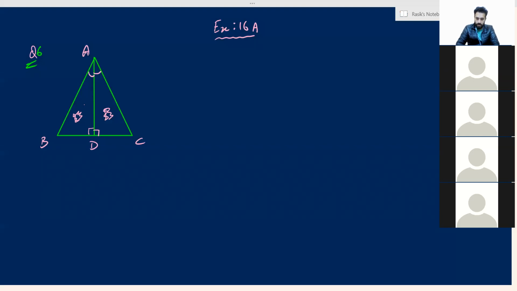It should be triangle ADB congruent to triangle ADC. Paridhi, just correct it. Triangle ADB is congruent to triangle ADC by ASA criteria.